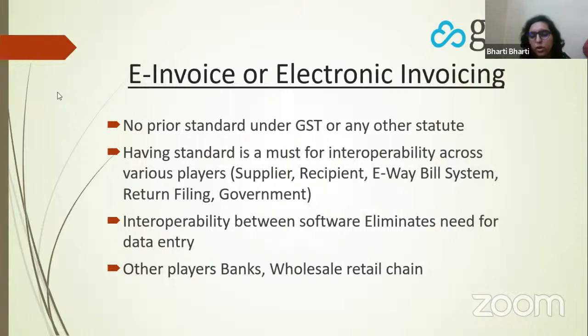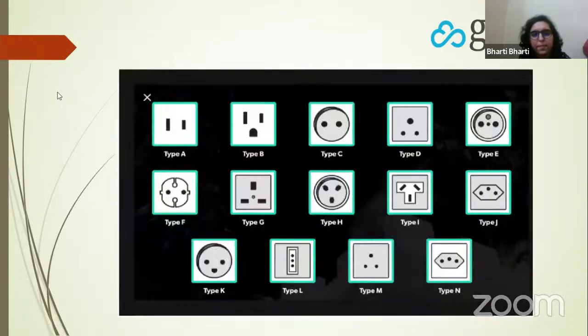Whoever is generating an e-invoice will be providing the same format, and it has interoperability between software. It eliminates the need for data entry. When you generate an e-invoice, it gets auto-populated in GSTR1, which in turn populates the GSTR2A and 2B of your customer. So let's take a look at this image.